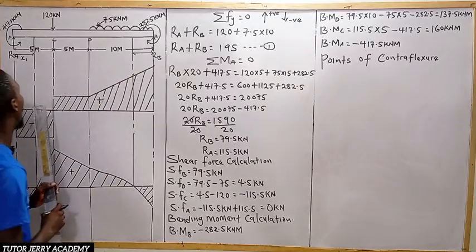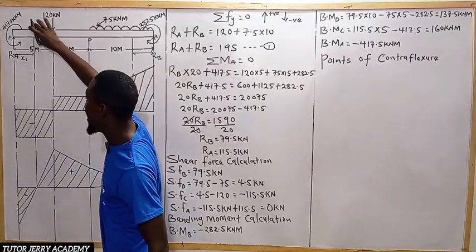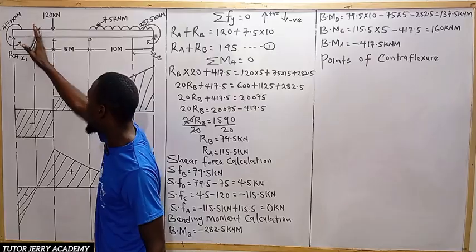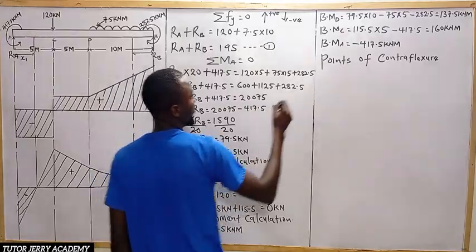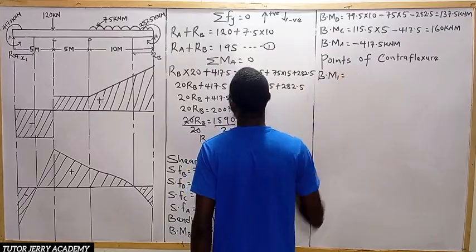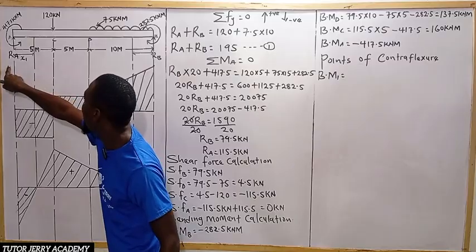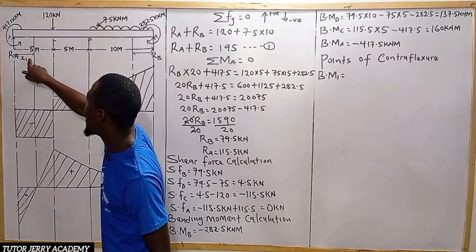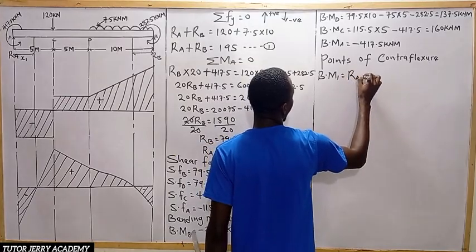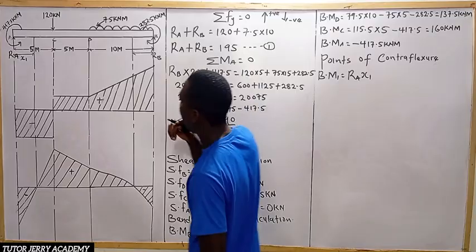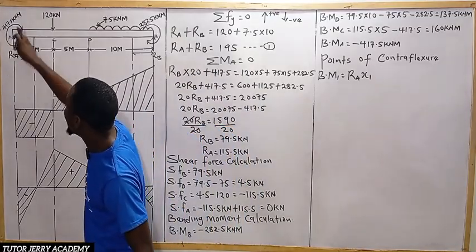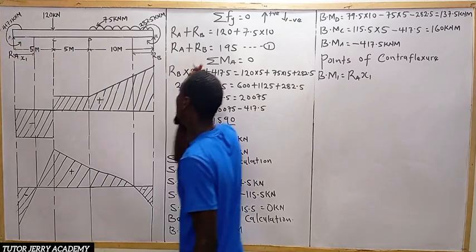So let's calculate the bending moment that we have here. If we take the moment towards this side, we are going to have the first bending moment there to be equal to RA multiplied by the total distance, which is S1, then we have this moment here, which is 417.5.